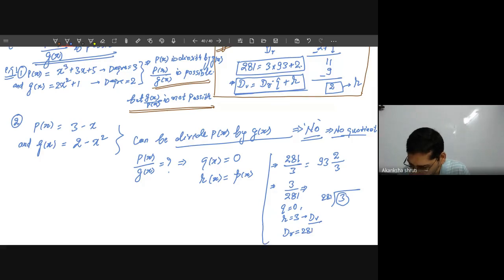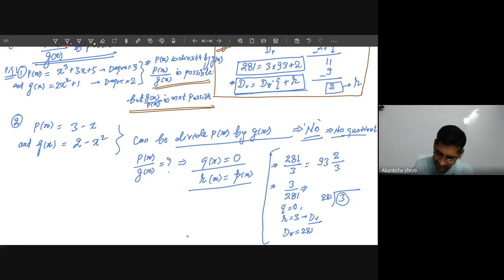The same thing is also applicable for this one. Means if the degree of px is lesser than gx, at that time you will not get any quotient. So quotient value is 0 and remainder value will be same as that of the px.